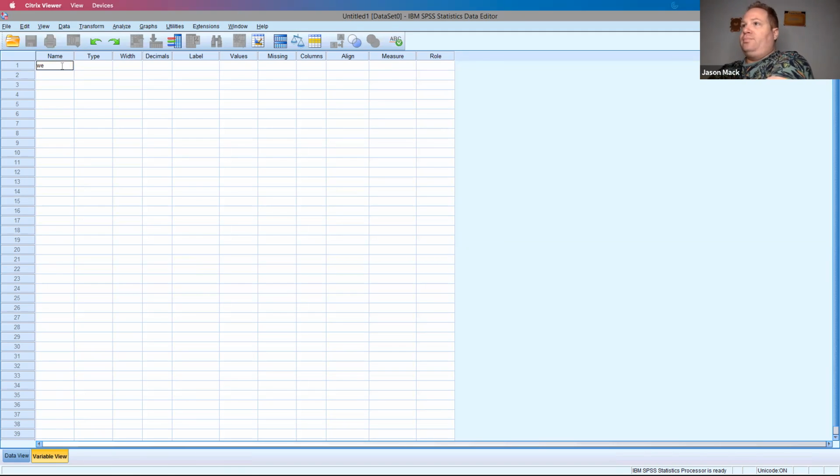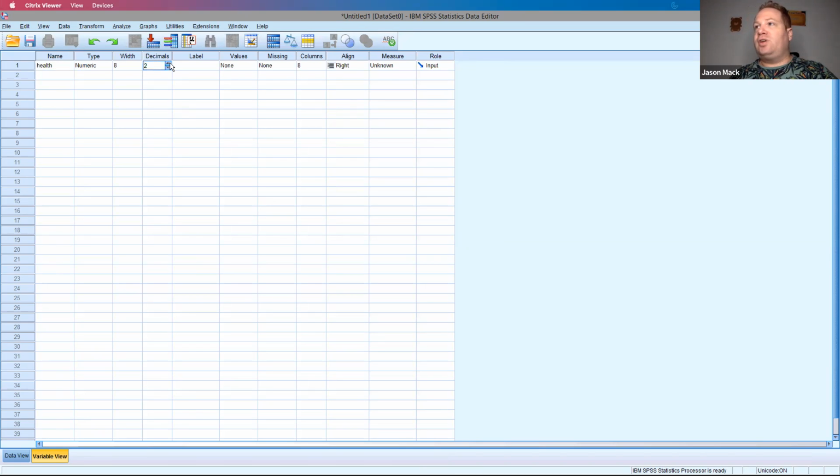We're going to name this health. Okay, and then we're going to make the decimals 0, like that. Then we're going to click on the data view, which is going to be right over here.